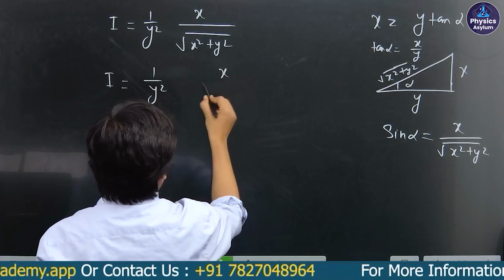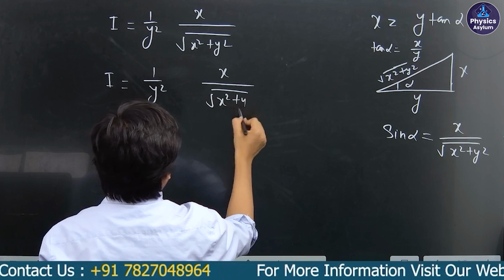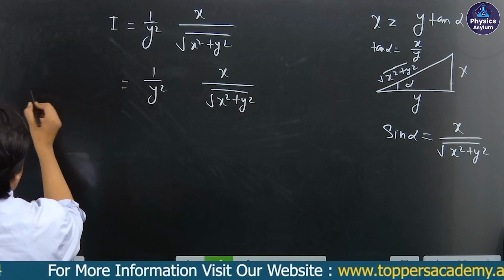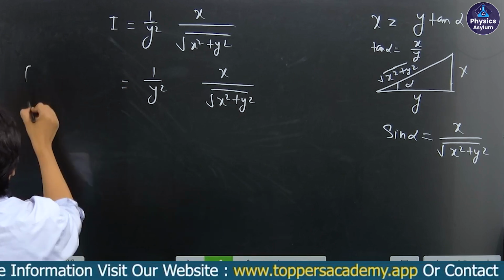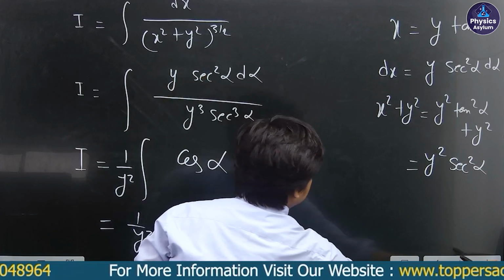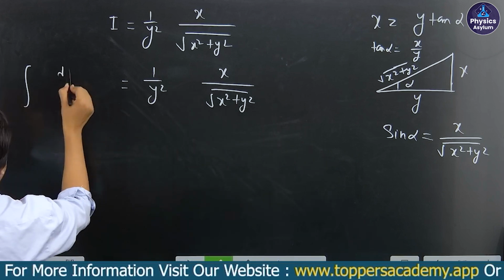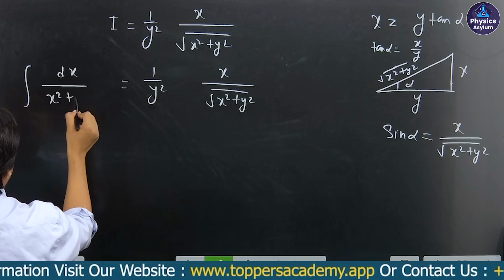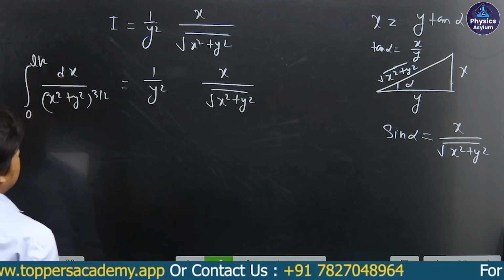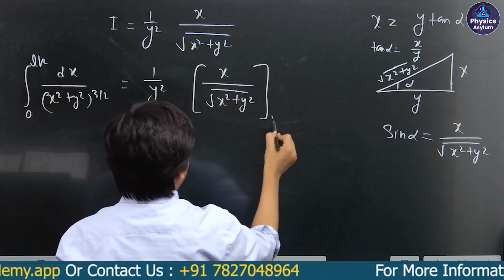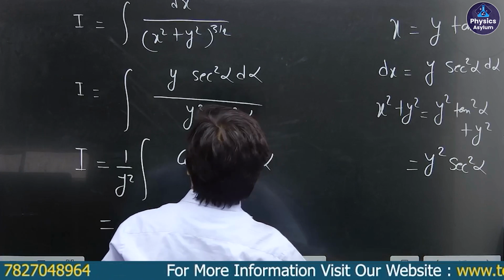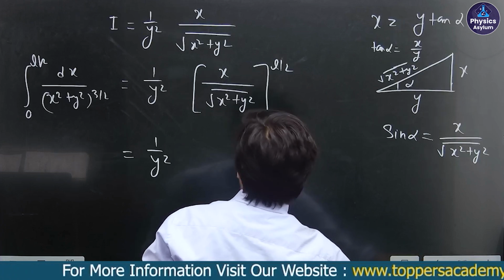What we have solved is this integral, dx divided by (x squared plus y squared) raised to the power 3/2, with limits varying from 0 to L/2.